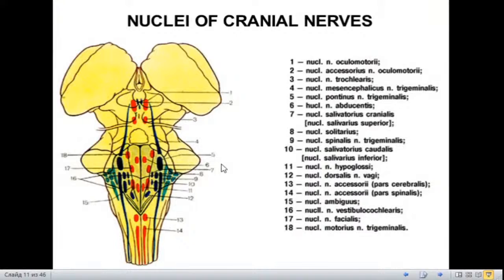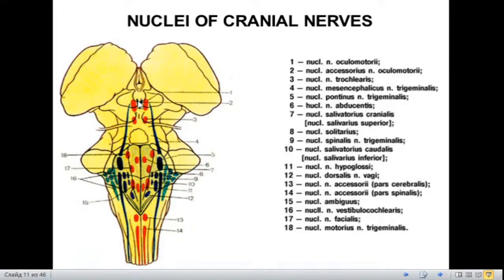Let's revise the nuclei of cranial nerves. As you know, the first and second cranial nerves are false, so they have no nuclei. The third cranial nerve has nuclei in the midbrain, especially in the cerebral peduncle, and it has two nuclei: the nucleus motorius nervi oculomotorii, found at the level of the superior colliculus, and one parasympathetic nucleus called the accessory nucleus of the oculomotor nerve.